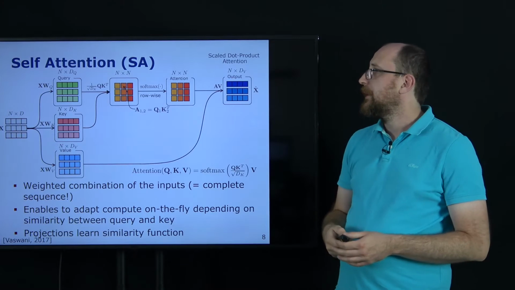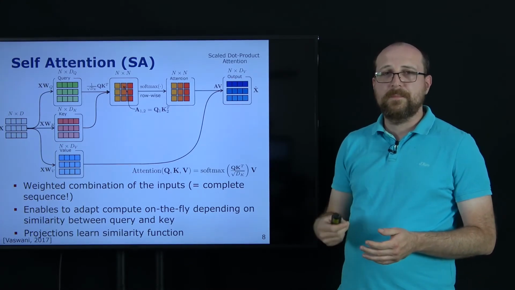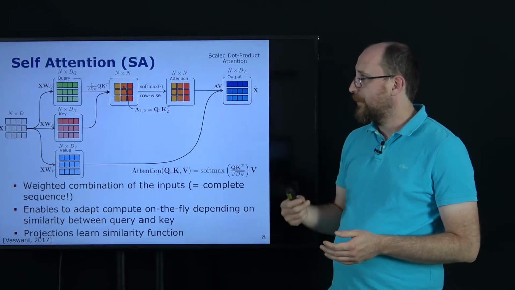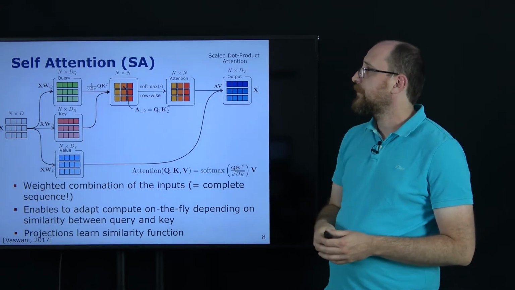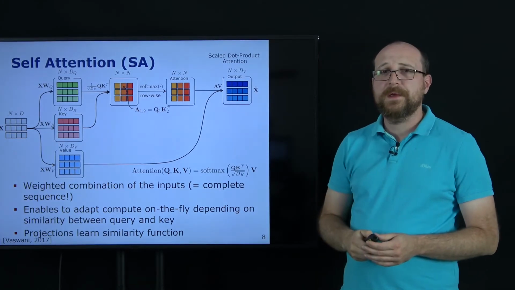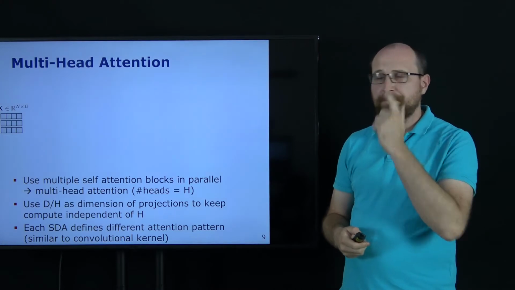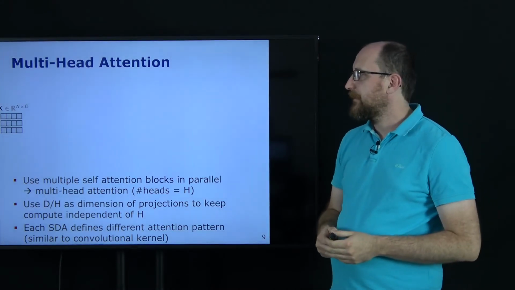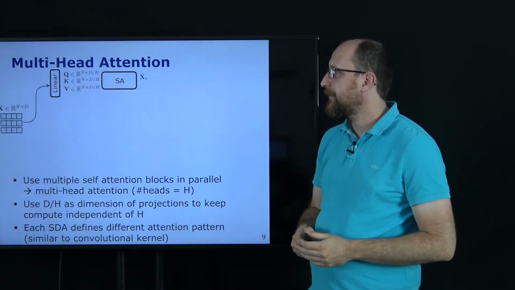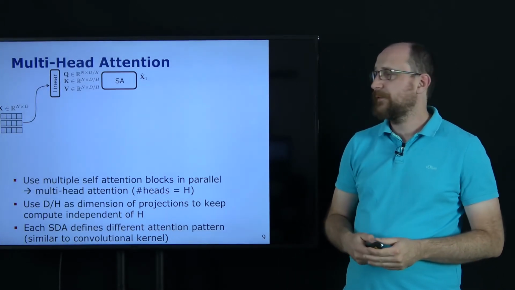So therefore, as we had in the transformer block, we have many of these, so multiple heads that are producing these recombined inputs. And for this we then have the so-called multi-head attention. And the idea is very simple in the end. We are not having only one self-attention layer, but multiple of them.